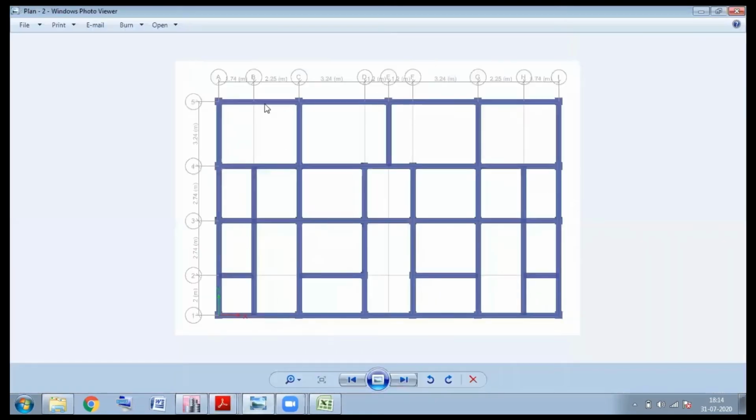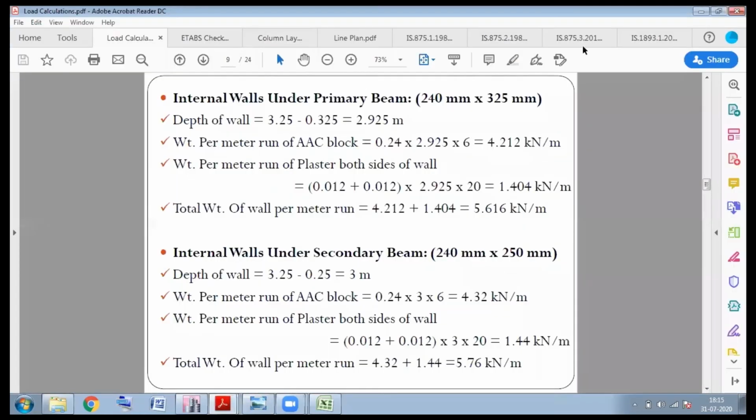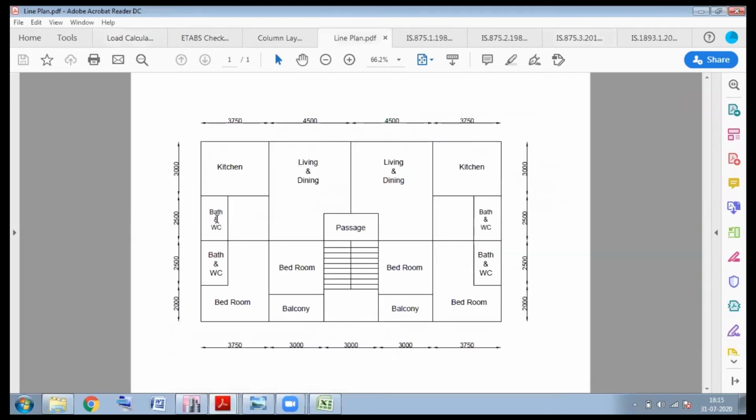So for the internal walls under primary beam, where is the primary beam? In the entire building, each and every beam is a primary beam other than these beams. In our plan, you can see the bathroom and WC here, and there is a wall here. The wall is constructed above the secondary beam.